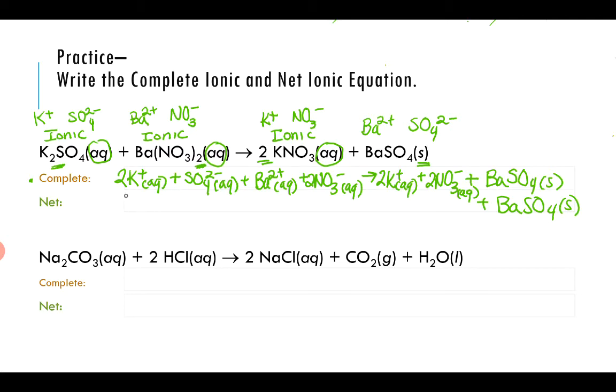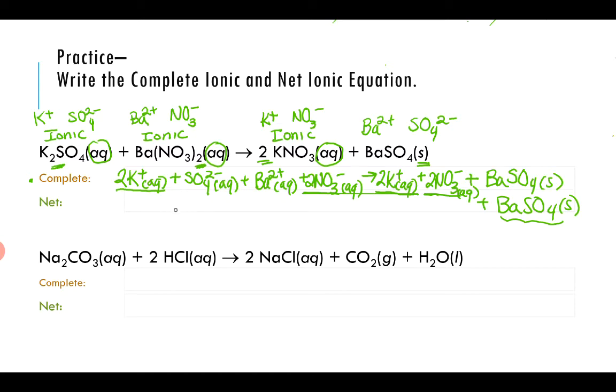So for my net ionic equation, I'm going to cancel out things that stay the same on both sides. So I see 2 potassium ions on both sides, and I see 2 nitrate ions on both sides. So those are going to cancel out. I also can look at my barium sulfate and think about what ions make up barium sulfate, because those are the ones that are going to stay around.